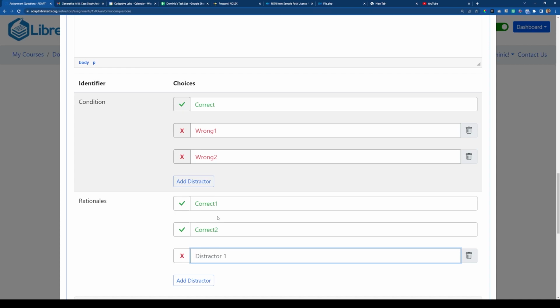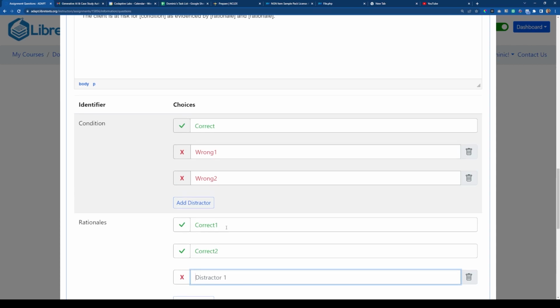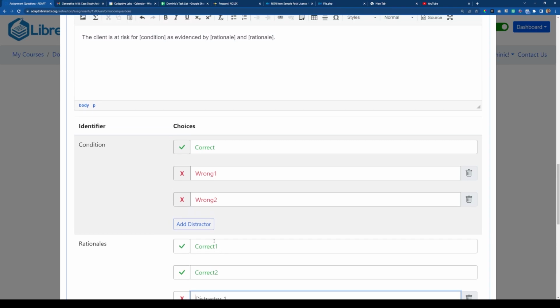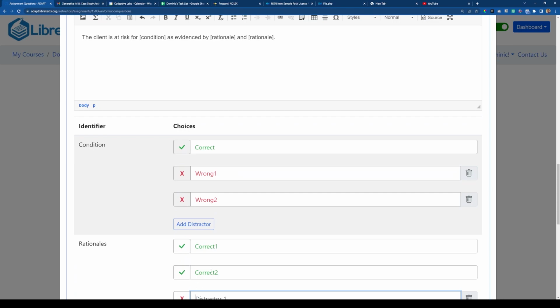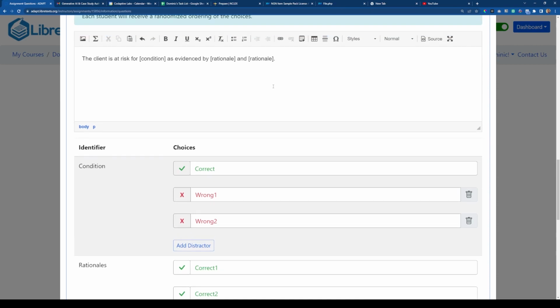Right here I have it set up so that correct 1 is correct for the first choice and correct 2 is correct for the second choice. They could actually be inverted. So if the student were to choose correct 2 and correct 1, they switch them around, the end result is that they still get the correct answer, at least for that portion.